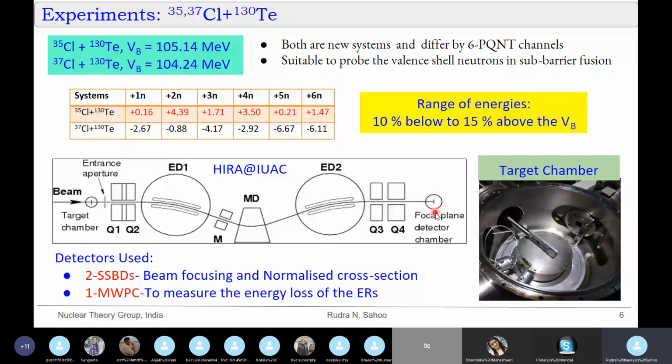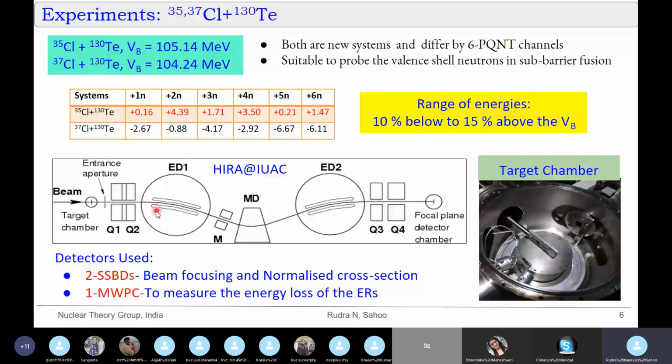In the focal plane, we place a multi-wire proportional counter, a gas detector, to measure the energy of the desired particle. In our case, the desired particle is the evaporation residue. We are calculating the fusion cross section by directly measuring the evaporation residue.